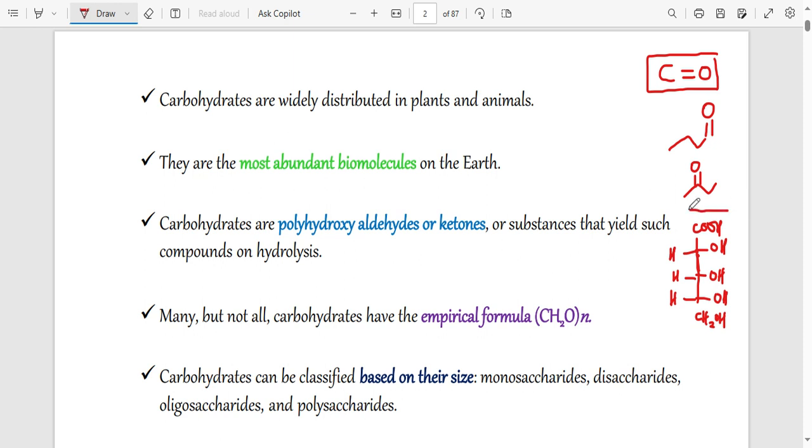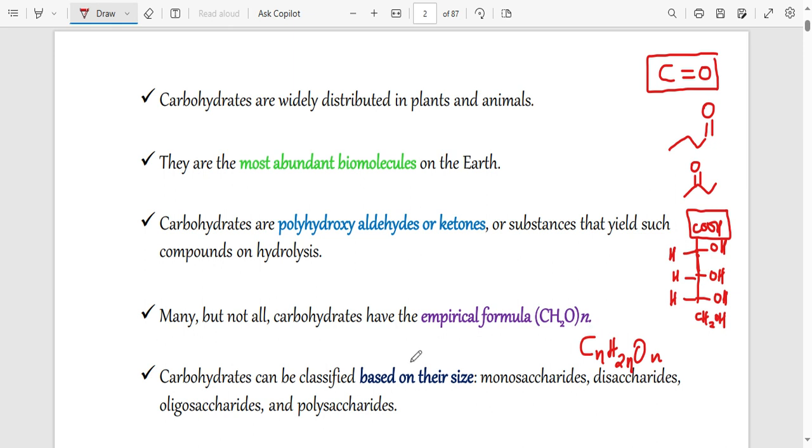But for this one, the carbonyl group is at the end of the chain, meaning this one is going to be an aldehyde. Most carbohydrates have the empirical formula CH2O with n, which you can also write as CnH2nOn. This formula is generally for monosaccharides, but not all monosaccharides.